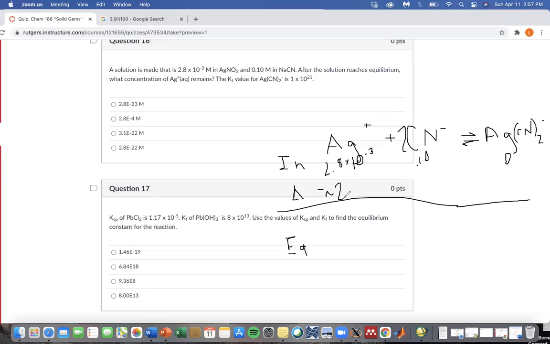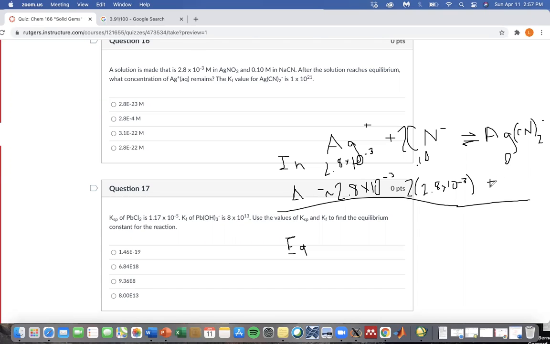And so you would subtract, and it's going to be almost to completion here, so almost entirely all of your 2.8 times 10 to the negative third. Because there's a 2 in front of the cyanide, a coefficient of 2, you have to do double the amount. So you would do 2 times 2.8 times 10 to the negative third, and then you would add 2.8 times 10 to the negative third.